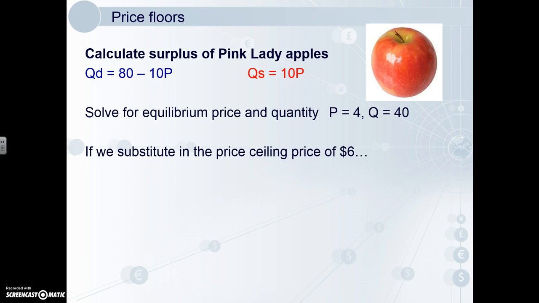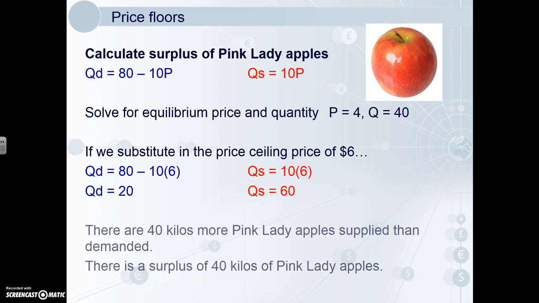That should read, price floor of $6. So we'll add that in and sub P equals 6 into each equation. There you go. So we find that there are 40 kilos more Pink Lady apples supplied than demanded. So therefore, there is a surplus of 40 kilos of Pink Lady apples.